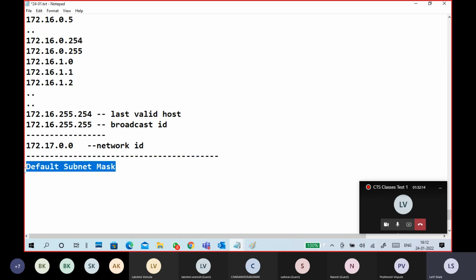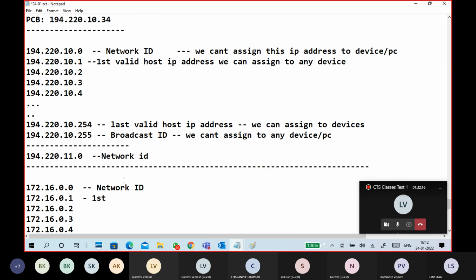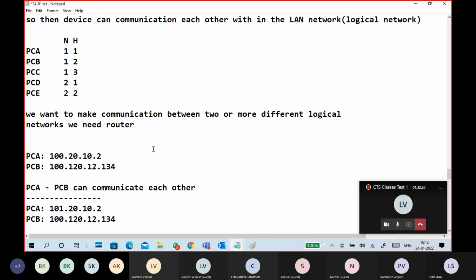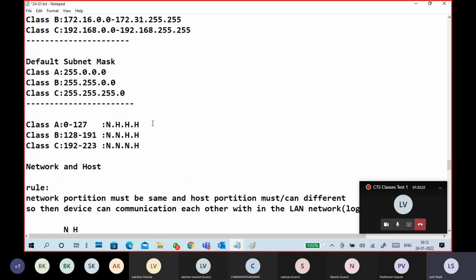So where is this network portion, host portion? Yeah, here it is. Here only I'm writing 255.0.0.0. So how to remember? Where is the network portion? There it is, 255 is there.